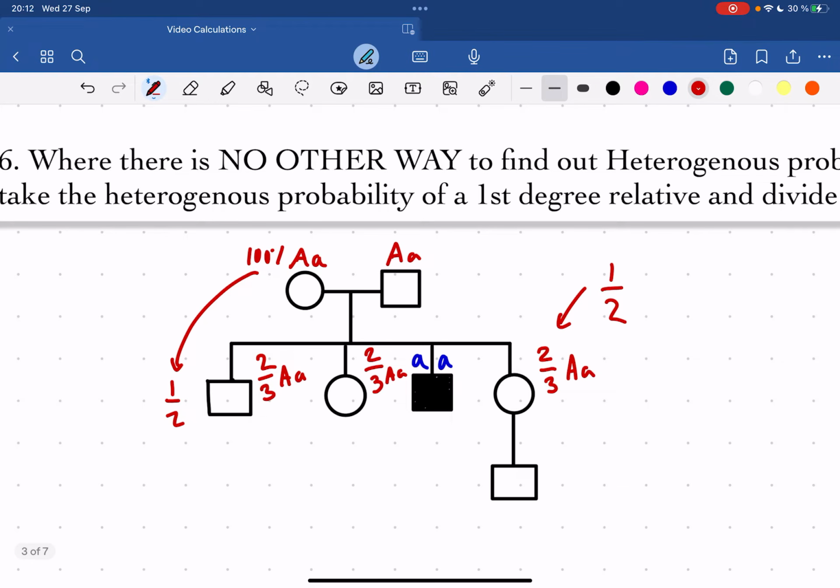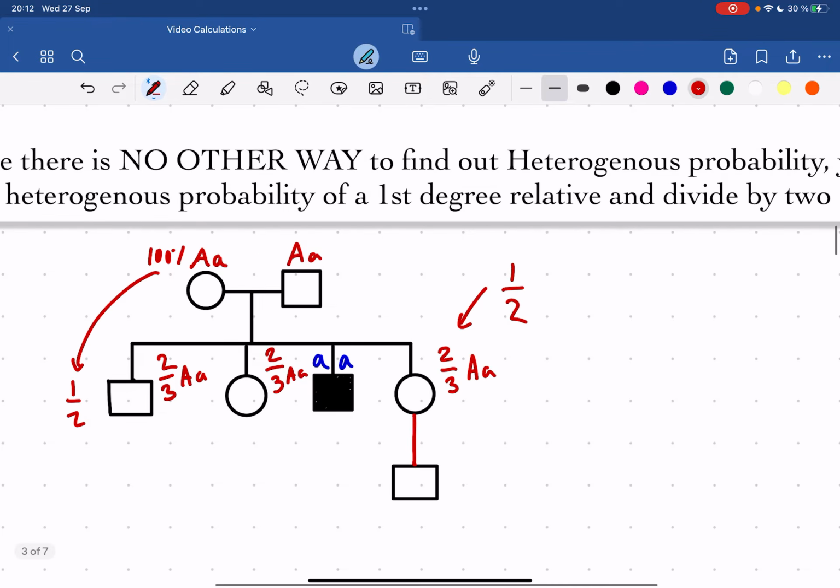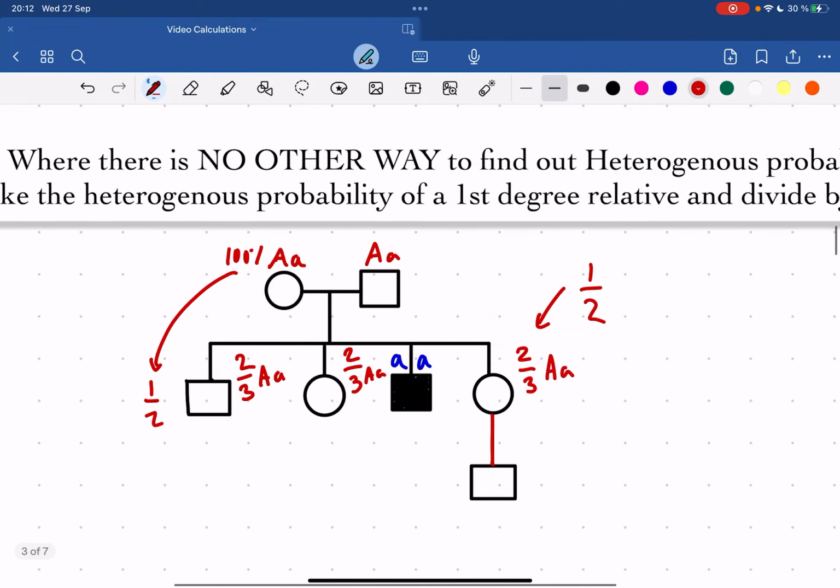Parents are first degree relatives. Siblings are also first degree relatives. Children are first degree relatives. So here there's a parent and a child, and also here there's a parent and a child, right? And we can assume this, but because we have an affected sibling, the probability is immediately higher.